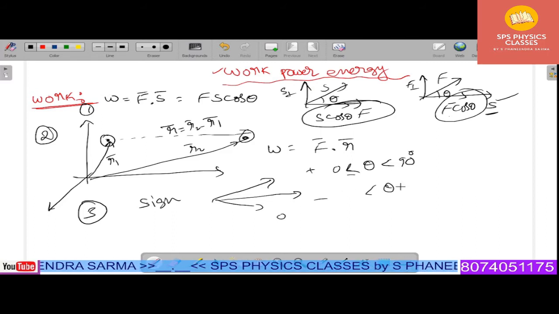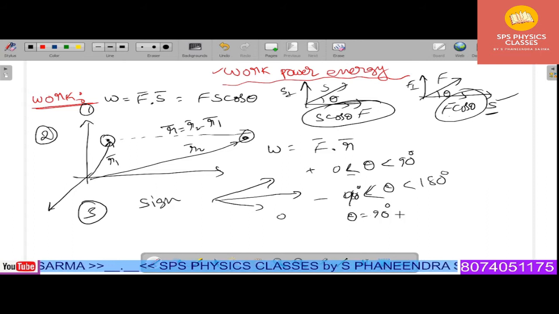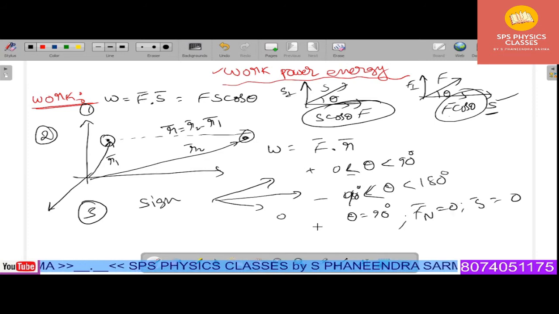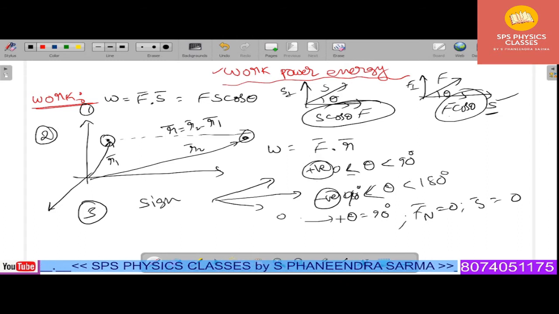If theta is above 90 degrees and below 180 degrees, we have negative work. And if theta is exactly 90 degrees, or the net force is equal to 0, or the total displacement is equal to 0, in any one of these cases we have zero work done. That means three possibilities: positive work, negative work and zero work. Then we will see some important applications.